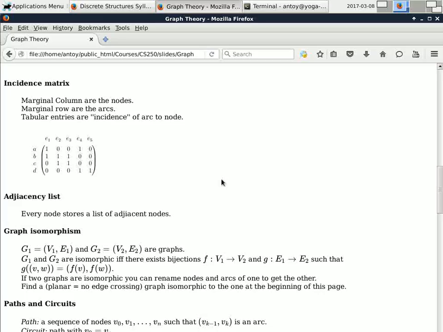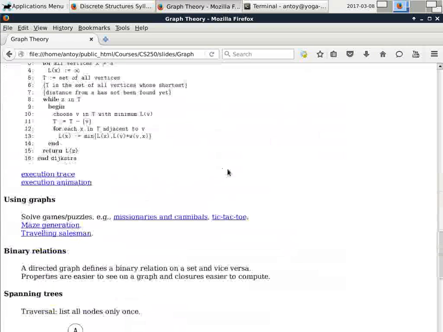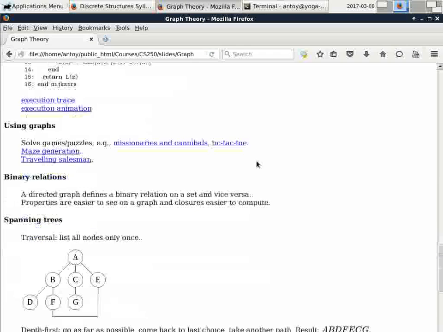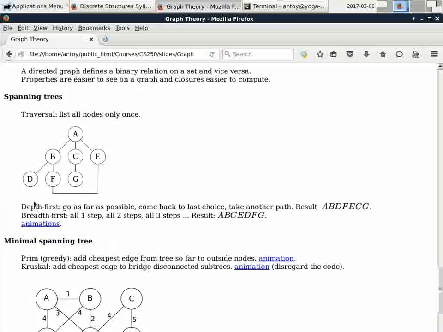All right. Finally, we saw traversals. We skipped them because we didn't have much time, and we saw traversal. What is a traversal of a graph? A traversal of a graph is the list of the nodes of the graph obtained according to some algorithm.